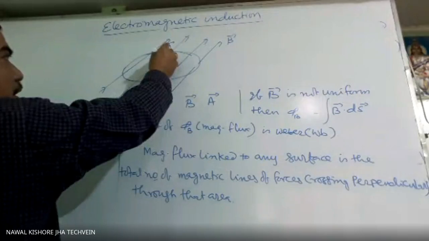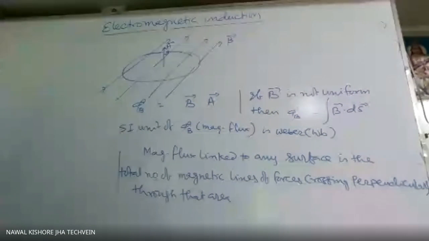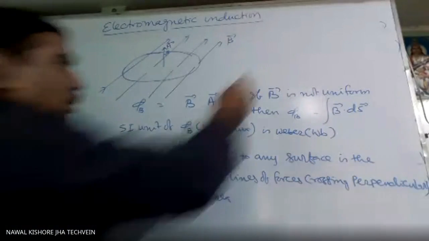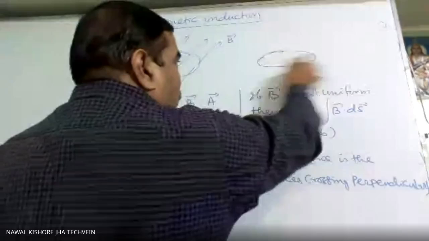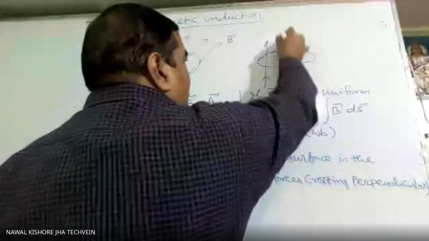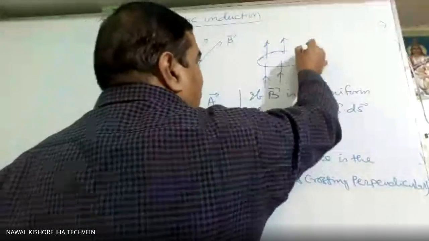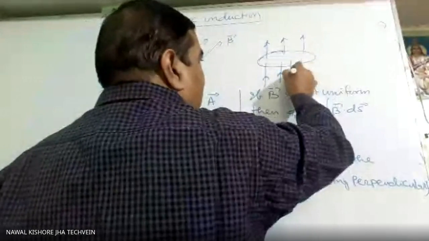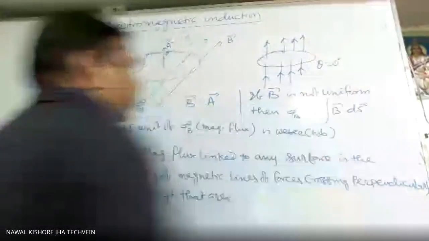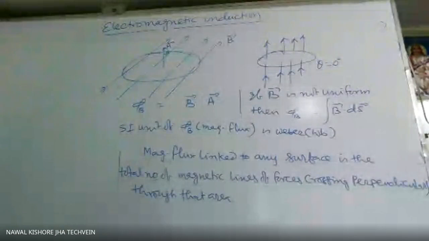So this is the angle, the dot product of B and A. If the loop is this one and magnetic lines of force are going this way, in this case theta is 0 degree. So flux will be maximum.